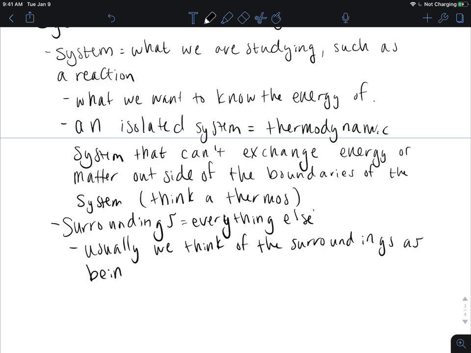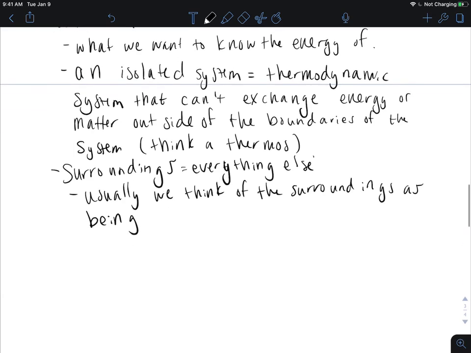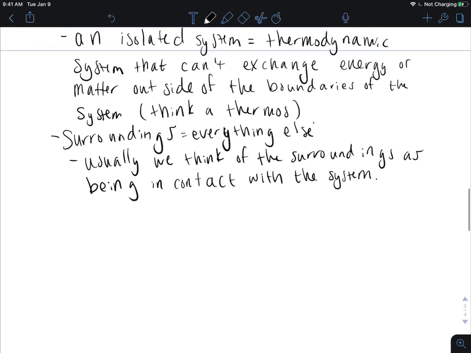So it's going to be in contact with the system, okay, as in close enough for energy transfer.